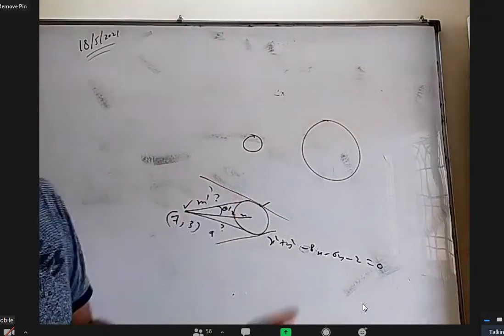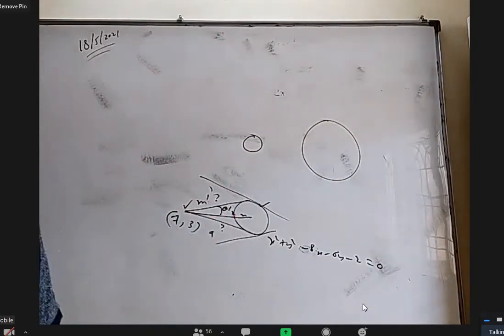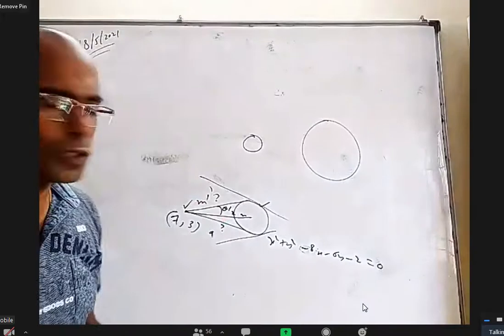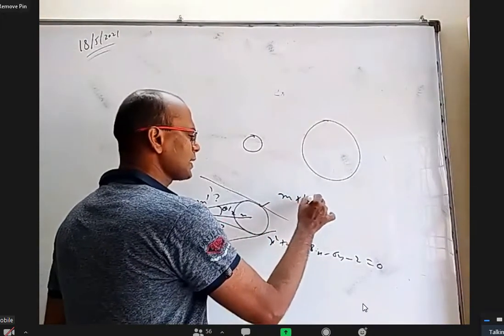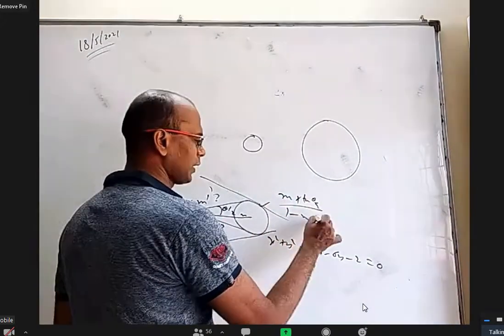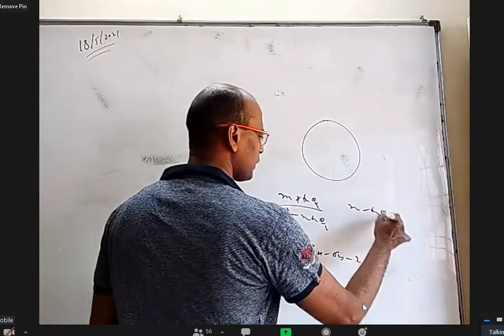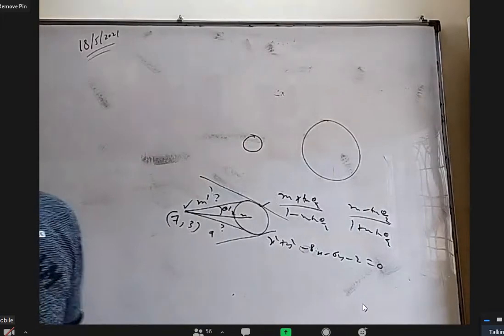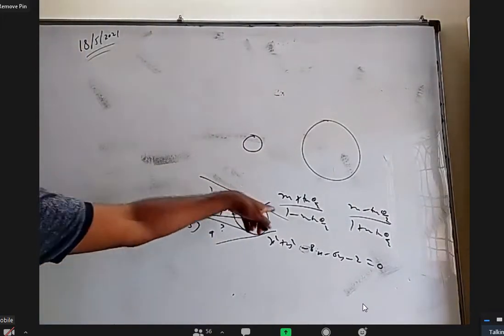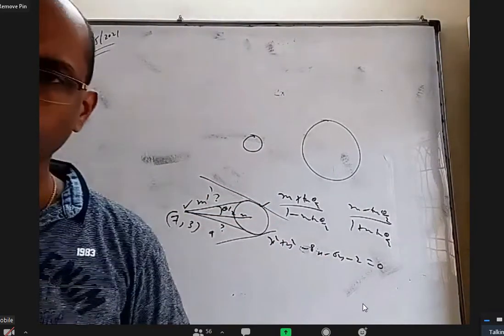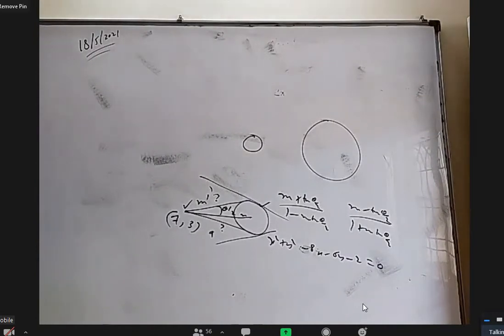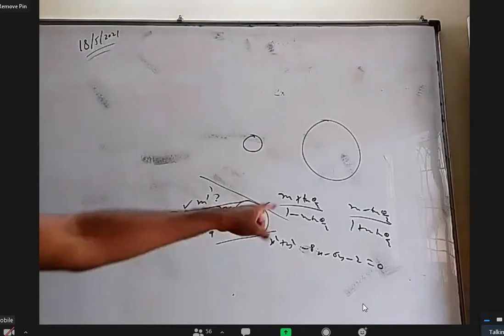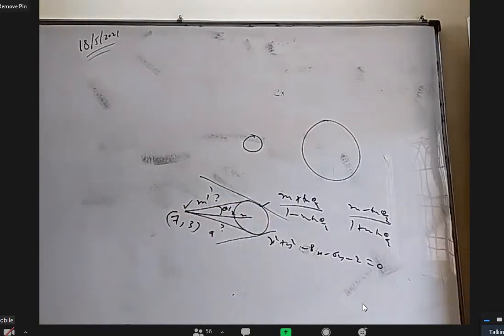We know m and we know tan theta by 2, we get m dash. Or I directly gave formulas for these two slopes as (m plus tan theta by 2) by (1 minus m tan theta by 2), and (m minus tan theta by 2) by (1 plus m tan theta by 2). These two will give you the slope of this and slope of this, where m is the slope of the central line. Is it okay? Yes, sir. Okay. So after knowing the slope, you know point, you can find the line.